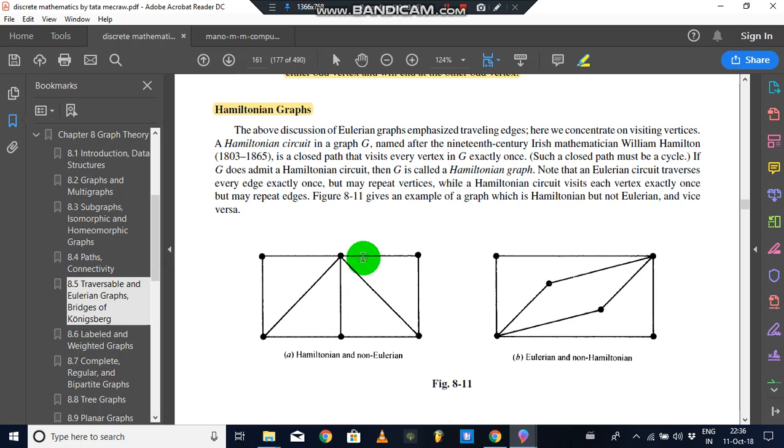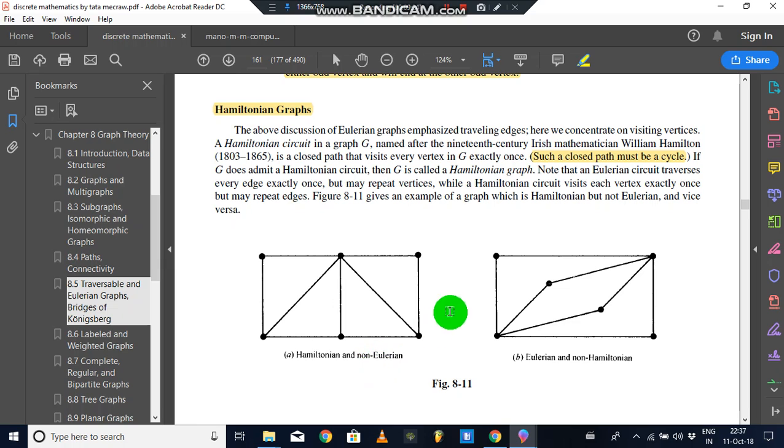So you can see every vertex is visited only once. You can remember by this line, such a closed path must be a cycle. If G does admit a Hamiltonian circuit, then G is called a Hamiltonian graph.